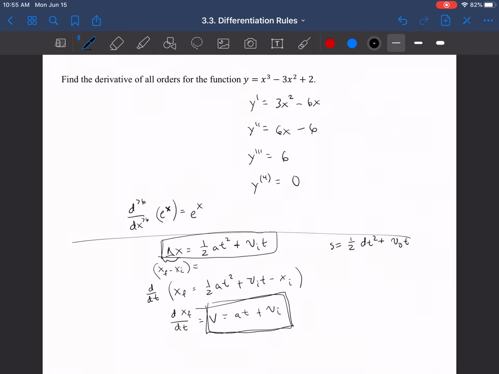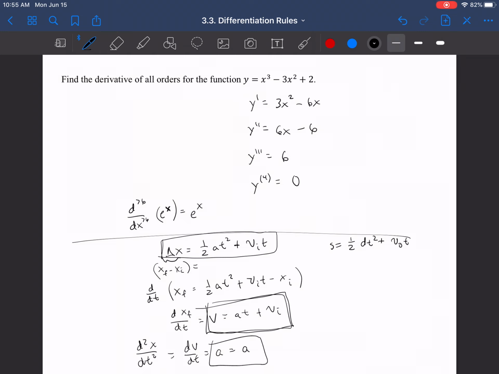Do another time derivative of it, and you get dv dt, which is our acceleration, which is our second derivative of our position. And then the derivative of a times t is just a, and the derivative of vi, which is a constant, is just 0. And this just tells you a equals a.